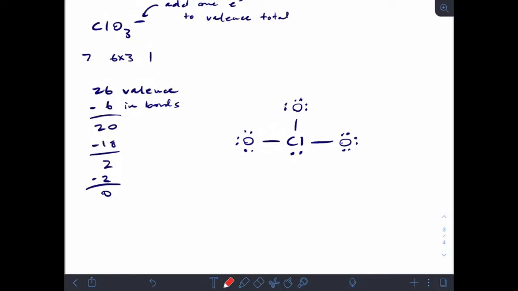Now let's check formal charges. Currently, each oxygen has 6 valence minus 7 in the box, so each oxygen is a -1. So -1, -1, -1. They're all the same, so they all have the same formal charge. Let's look at what the chlorine is doing right now.